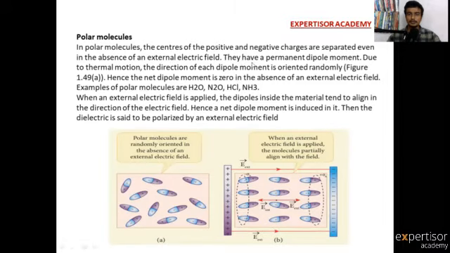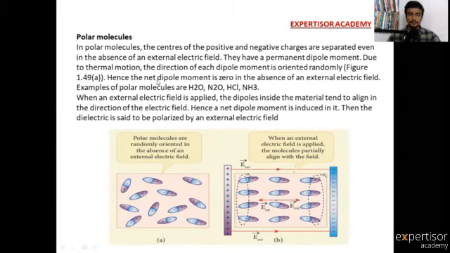Next, they have a permanent dipole moment. Due to thermal motion, the direction of each dipole moment is oriented randomly, which means different directions for different molecules.